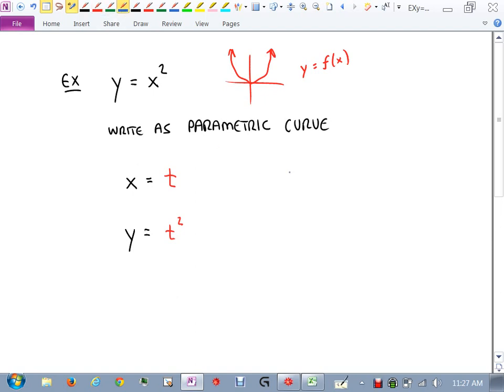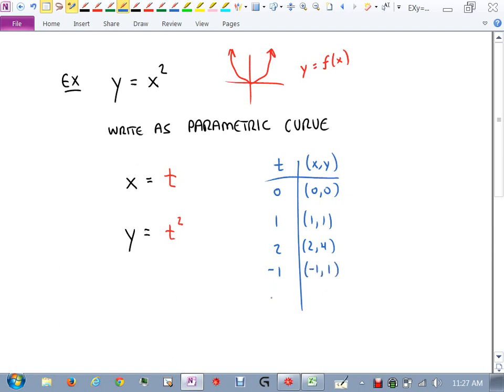And you could do your, they're not ordered pairs anymore, but here's t, and then here's your x, y. So if t is 0, what do you get? 0, 0. If t is 1, what do you get? If t is 2, you get 2, 4. If t is negative 1, you get negative 1, 1. If t is negative 2, you get negative 2, 4. And I claim that if you graph those, you're going to get the exact same thing.